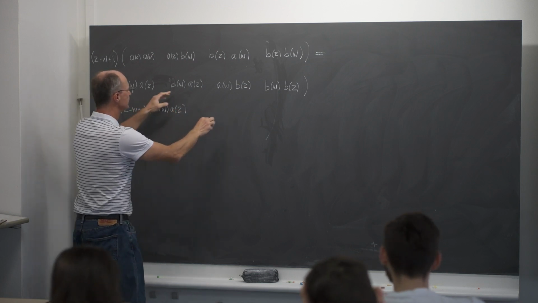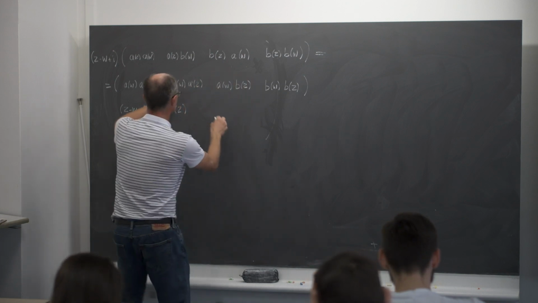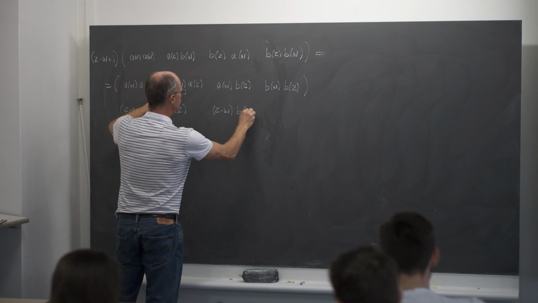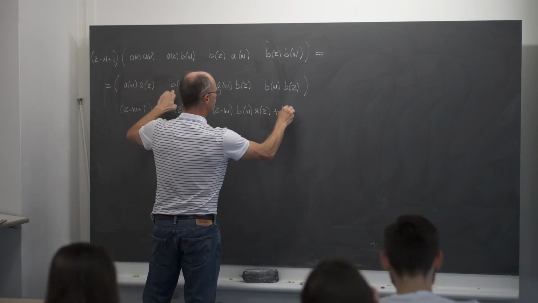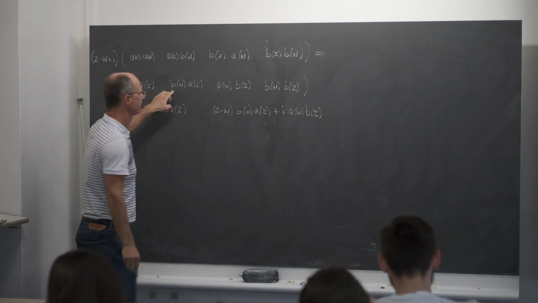So now the next entry, here it becomes more complicated or more interesting. It becomes Z minus W times B of W, A of Z, plus I, A of W, B of Z, right?